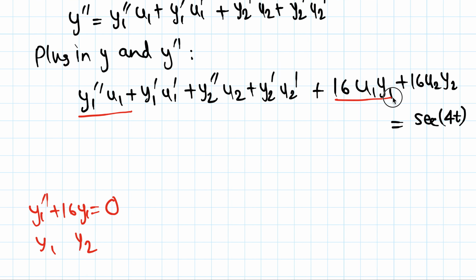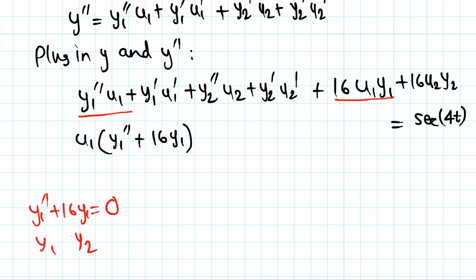From these two we can factor u1 out. That leaves y1 double prime plus 16 y1, and this one is 0 because y1 is a solution of the corresponding homogeneous equation.